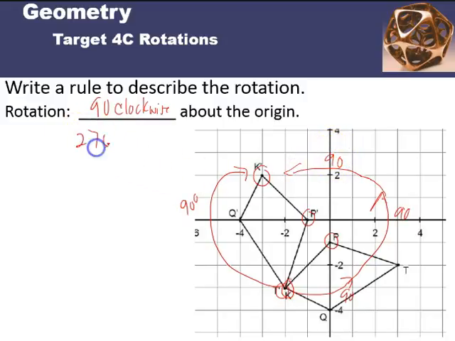So I could also do 270 counterclockwise. And again, you could look at the rules to double check that, but those are correct.